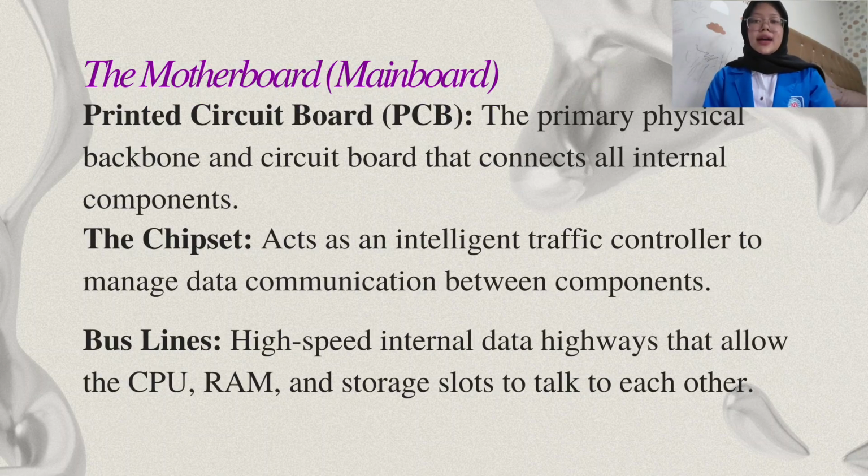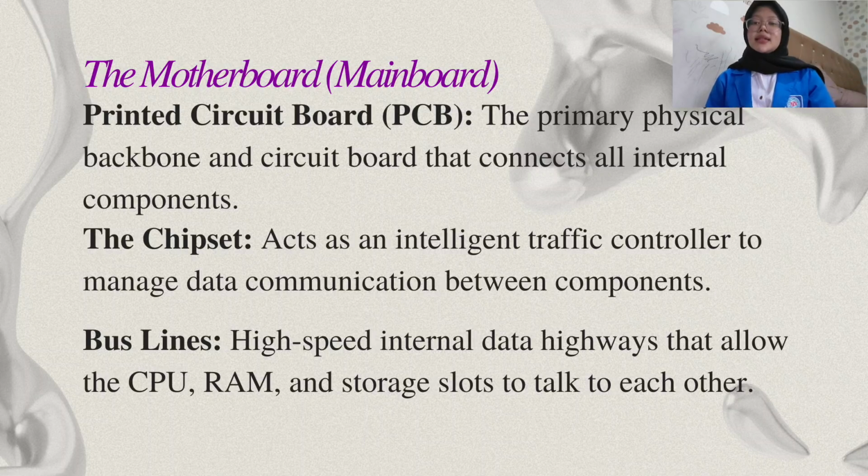Moving into slide 5, we begin our deep dive into physical hardware with the motherboard. This is the primary printed circuit board of the computer. Think of it as the ultimate communication hub.